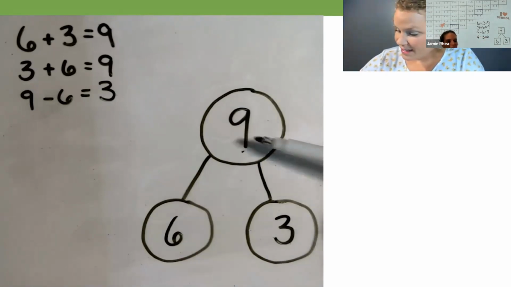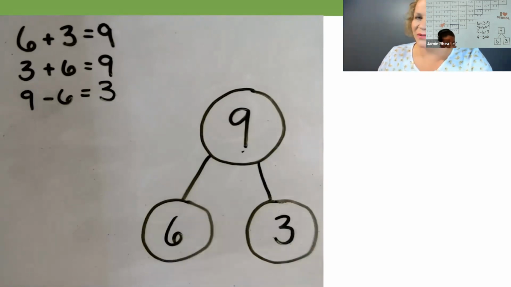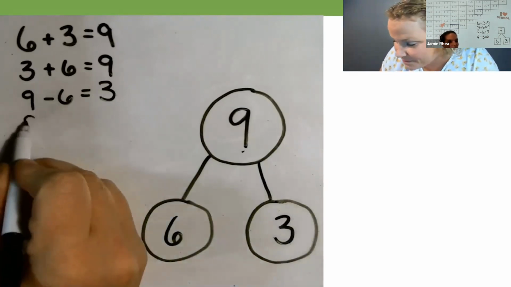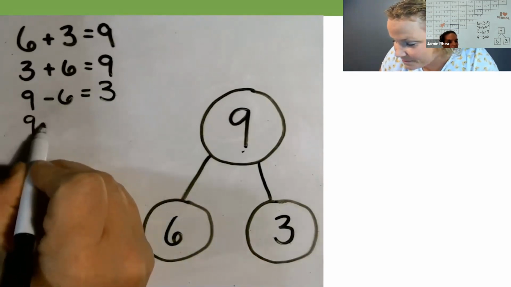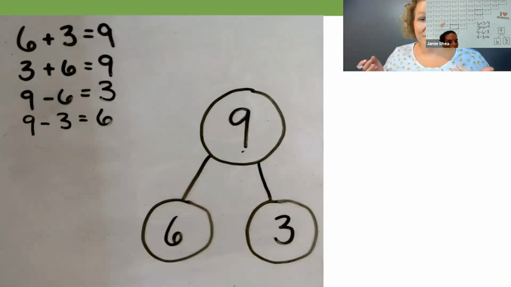So 9 take away 3 = 6. Let's write that down. We just wrote 4 number sentences, all that have 6 and 3 as parts and 9 as the total or the whole. That is wonderful.